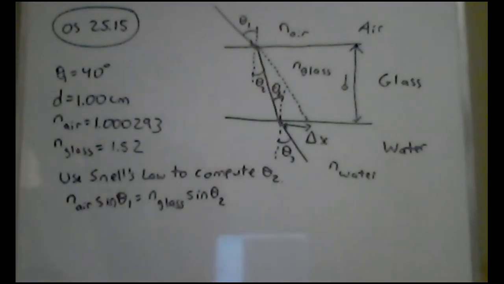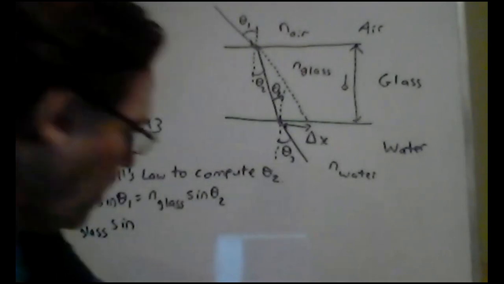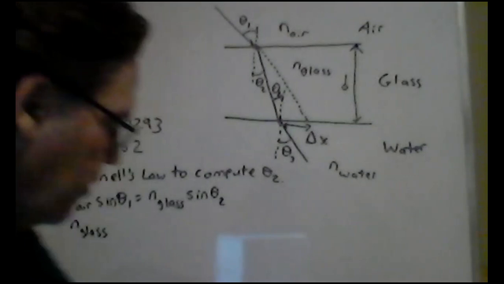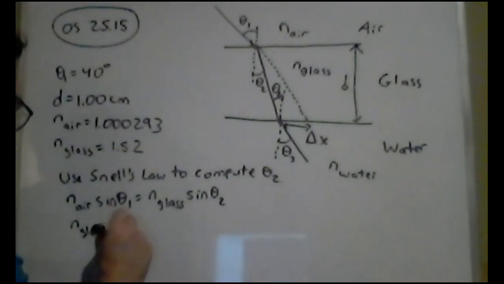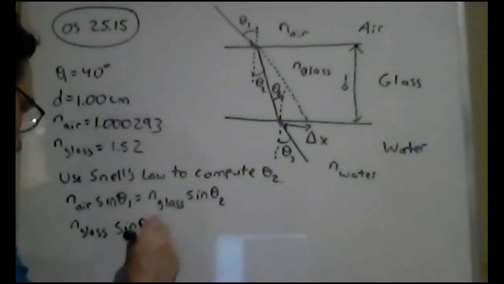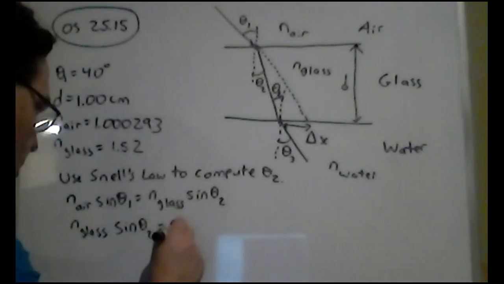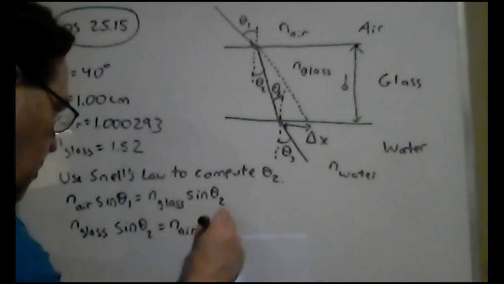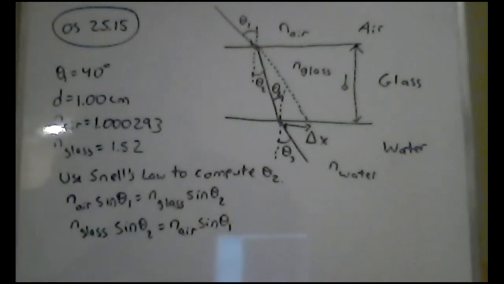So one thing I can do is flip about the equal sign. I can write N glass sine of theta 2 is N air sine of theta 1. I'll do one more in slow motion, to get you used to the math.